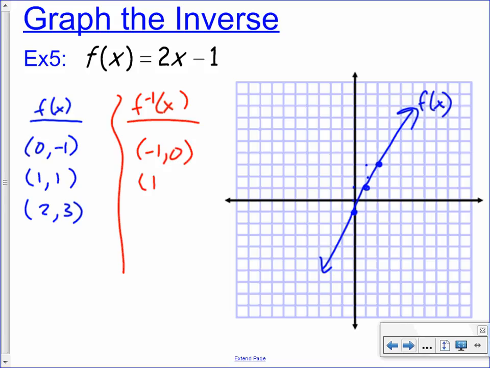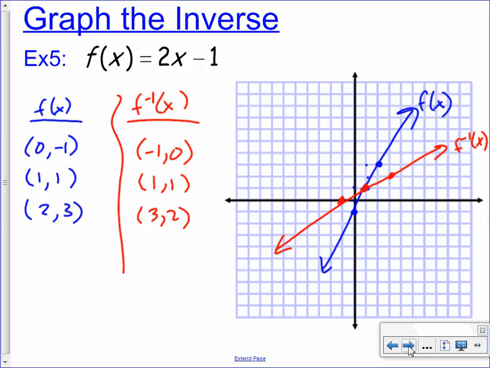So let's graph them. (-1, 0) is here. (1, 1) shares that point, and (3, 2) is over here. So this is the graph of f inverse, right?